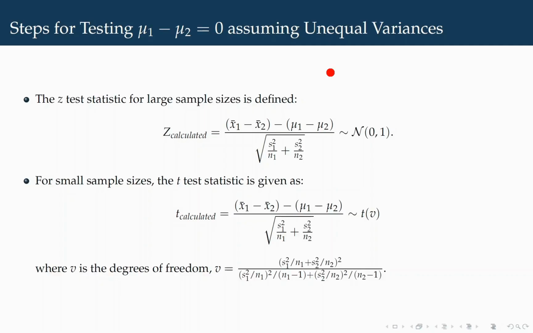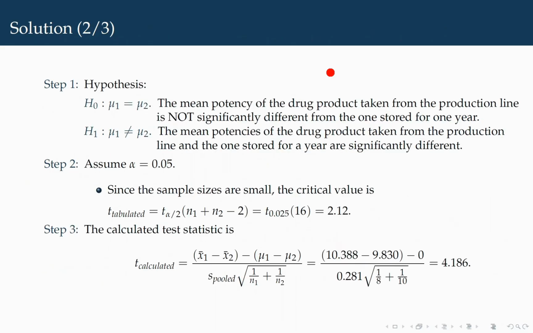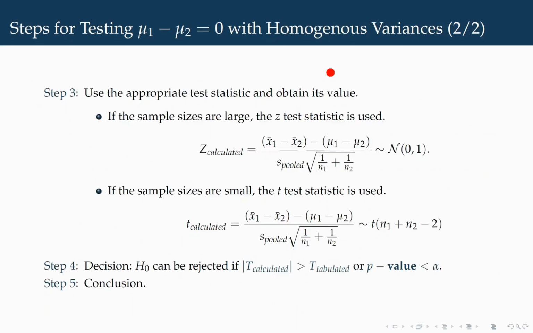under the assumption of unequal variances or heterogeneous variances. So in the case of homogeneous variances or common variance assumption, the test statistic depends on the pooled variance or pooled standard deviation. This pooled standard deviation depends on the observations of both groups.